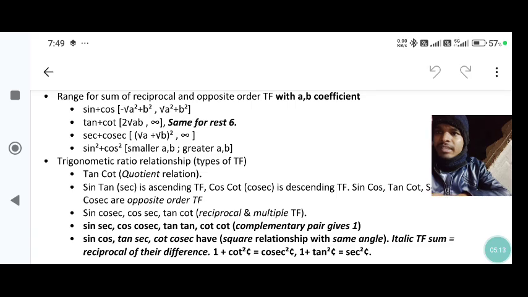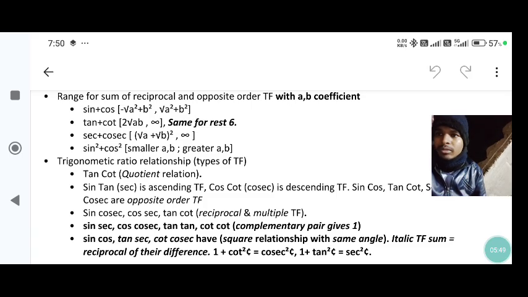If it is a sin theta plus b cos theta, its range will follow the Pythagoras theorem: minimum of negative root under a square plus b square, and maximum of root under a square plus b square, where a and b are the coefficients. For a tan theta plus b cot theta, the minimum value will be 2 root ab and the maximum will be infinite, which will be the same for the rest of the 6.